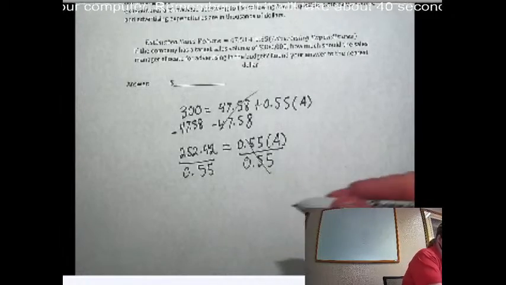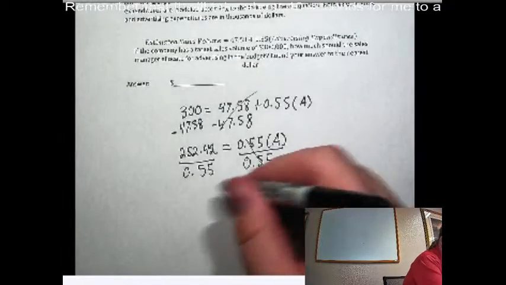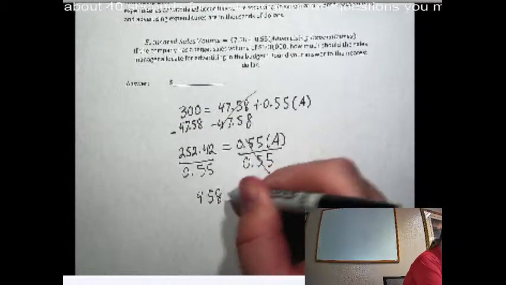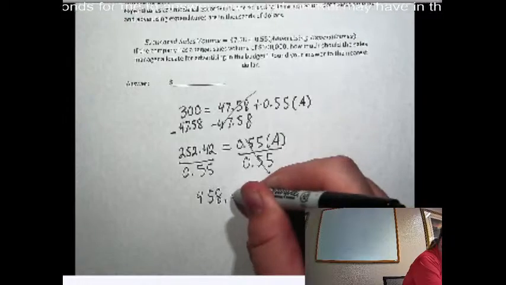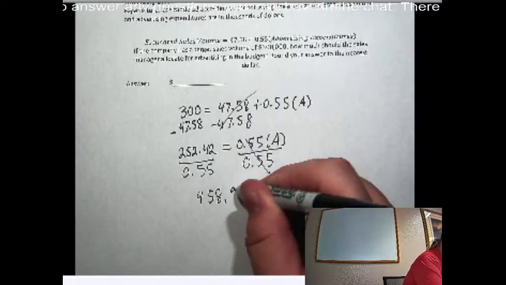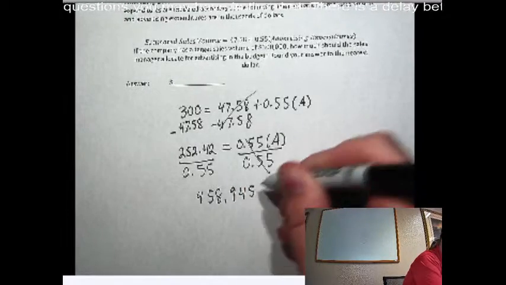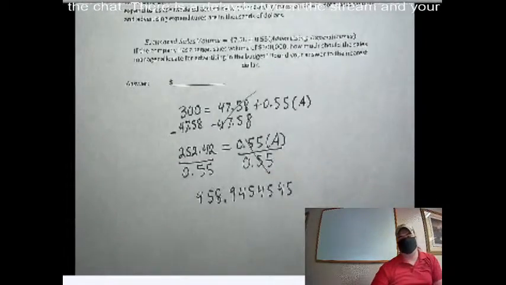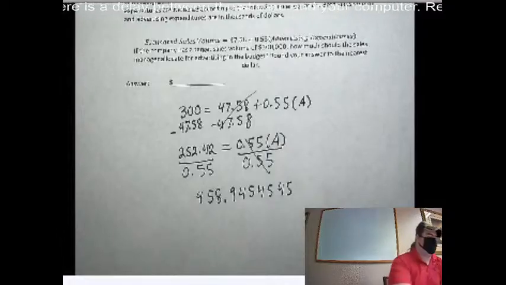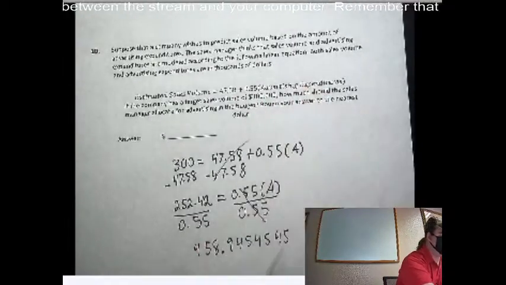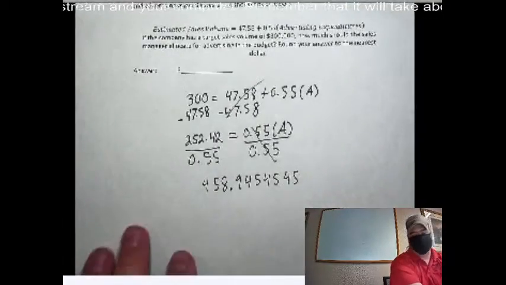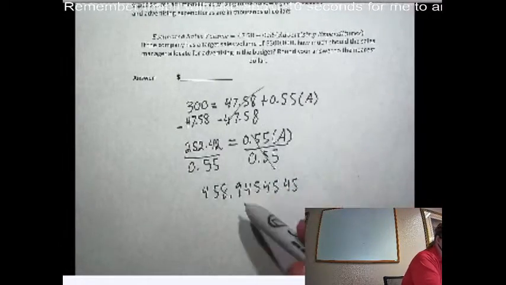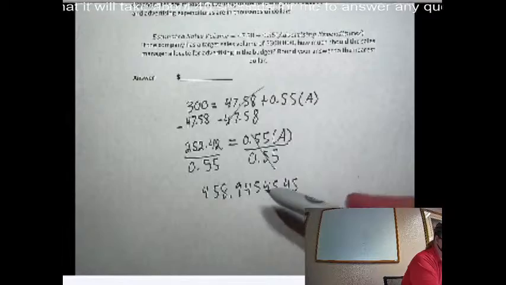Weird. So we get an answer of 458.9454545, and so on. Remember, we need to put this into thousands though, since this original one is supposed to be in thousands. So we need to give this 3 more spaces.